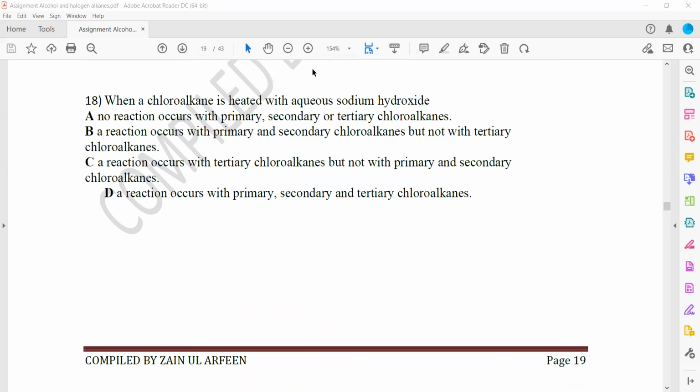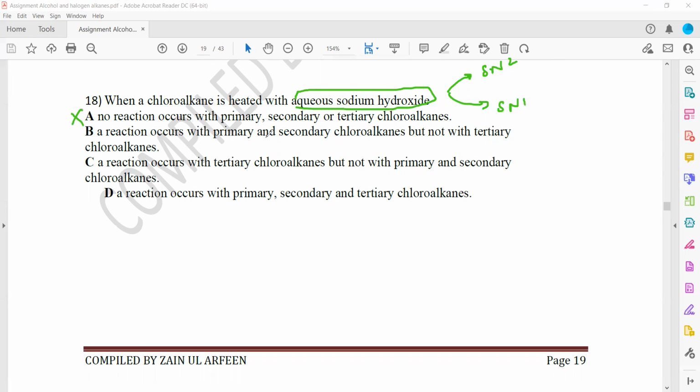In question 18, when a chloroalkane is heated with aqueous potassium hydroxide or aqueous sodium hydroxide, it will undergo a substitution reaction. Substitution can occur for primary, secondary or tertiary. Primary and secondary normally undergo SN2 and tertiary undergoes SN1. So no reaction with primary, secondary or tertiary is wrong.